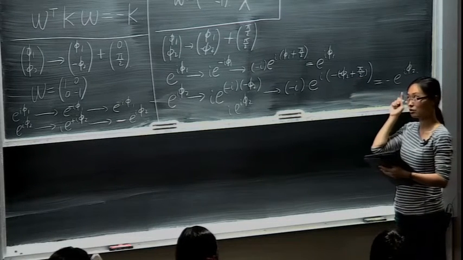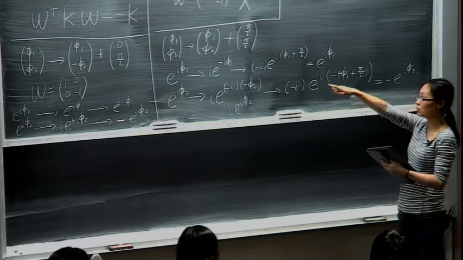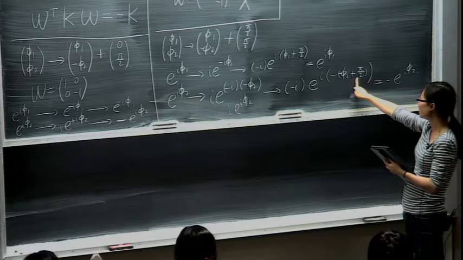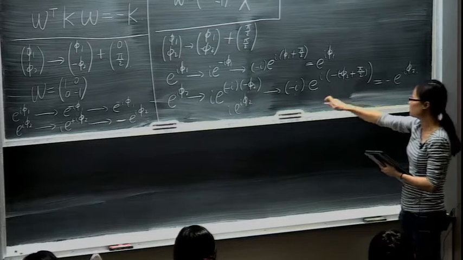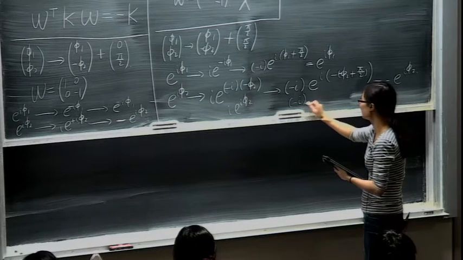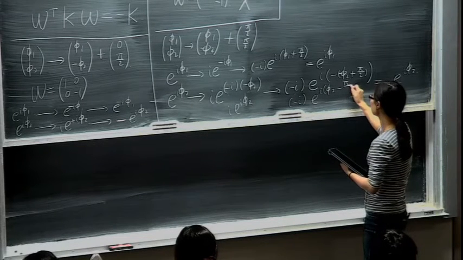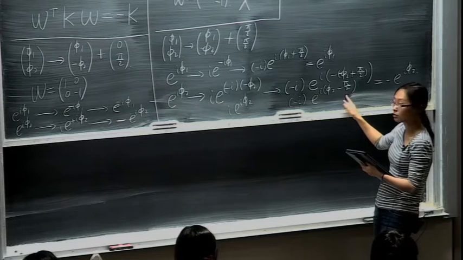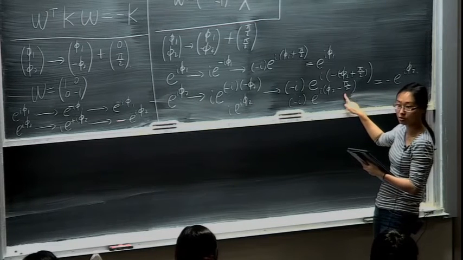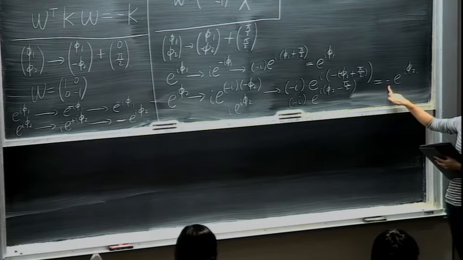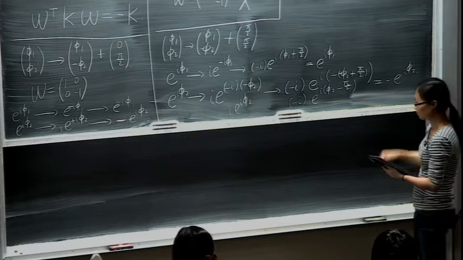Every I goes to minus I, and the phi 2 goes to minus phi 2 plus pi over 2. And so this is minus I. This is e to the I phi 2 minus pi over 2. So there's a minus I coming from here. Combined with the minus I here, gives you a minus sign total. Yeah. Okay.